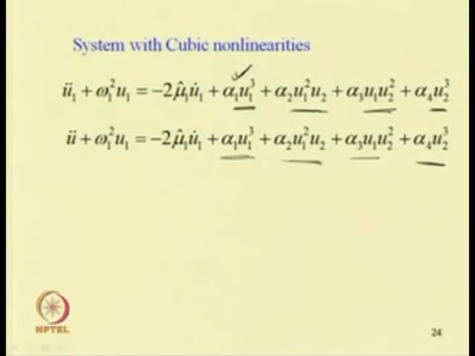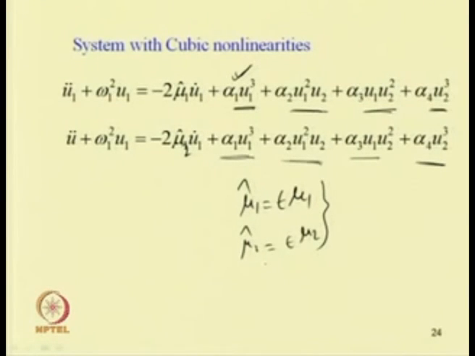To make the nonlinear and damping terms of the same order, we can substitute mu 1 equal to epsilon mu 1 bar and mu 2 equal to epsilon mu 2 bar, and proceed in the same way as we did in the case of the quadratic nonlinearity.